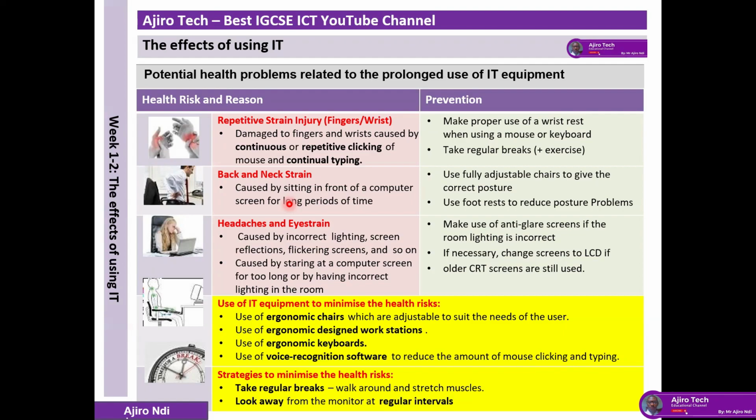The next thing I want to talk about before I get to the icing on the cake is eye strain. How do you know you have eye strain? Quickly, eye strain is caused by staring at a computer screen for a long period of time, or by having incorrect lighting in the room.